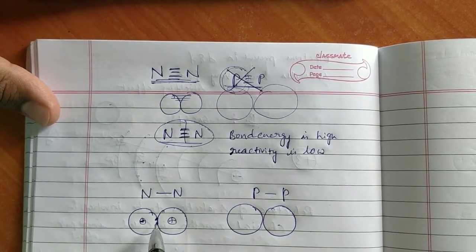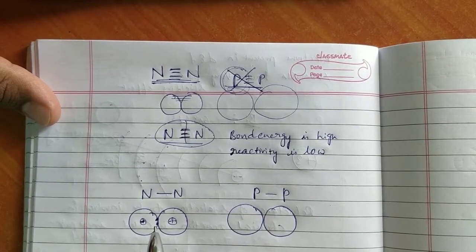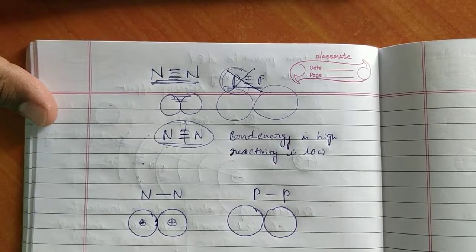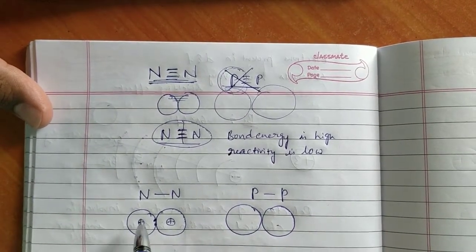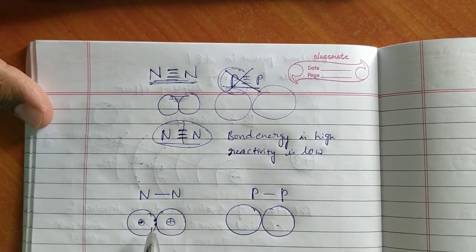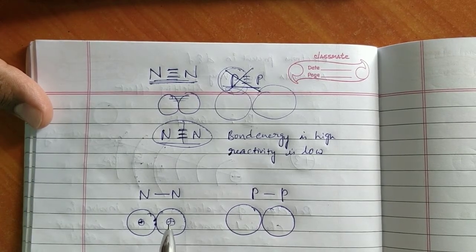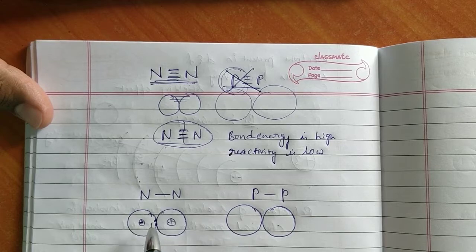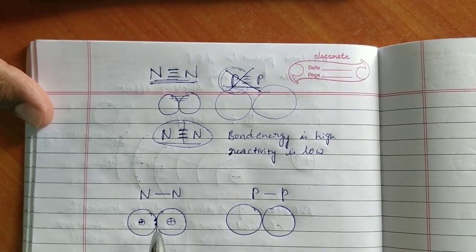N single bond N must be strong only. But the problem is, the N single bond N is formed by small atoms, so this bond must be strong.